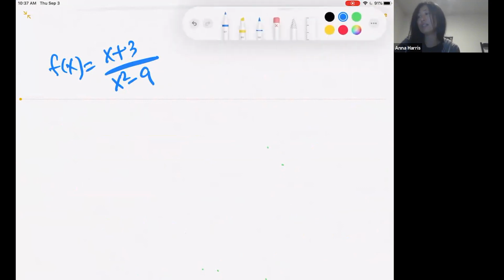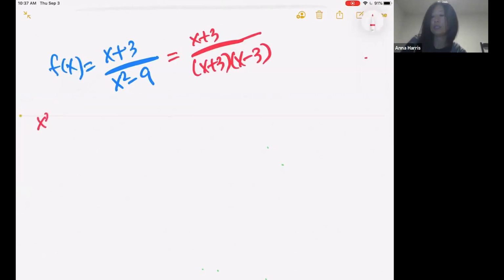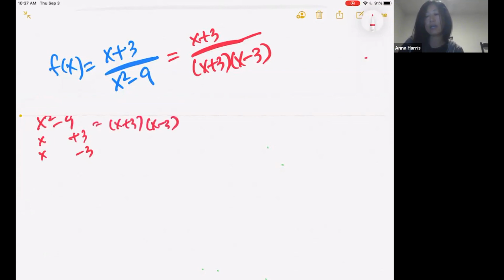Let's factor this. So x squared minus 9 is the same as what? X plus 3 and x minus 3. Just factor this quickly. You do x and positive 3 and then negative 3, because x times x gives you x squared, and positive 3 times negative 3 gives you negative 9.